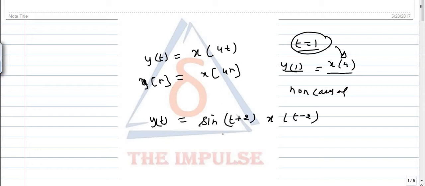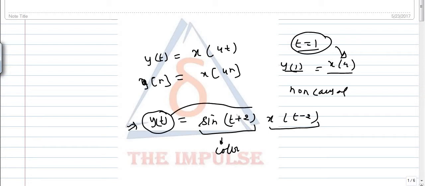Now in this question, this is the time dependent coefficient, and this is basically the input. In the definition we have seen that the output has dependency only on the input, whether for any present time t my output depends upon the present value, past value or future value of input. It is not concerned with this coefficient. So it can be written as y(t) equals r(t) times x(t-2), where r(t) is any function of time.